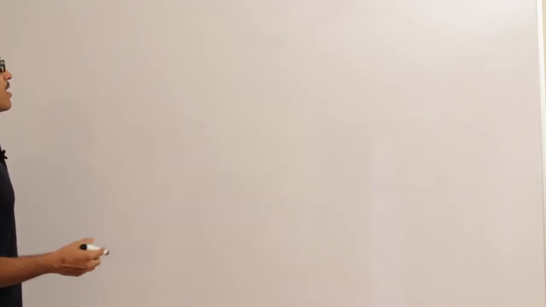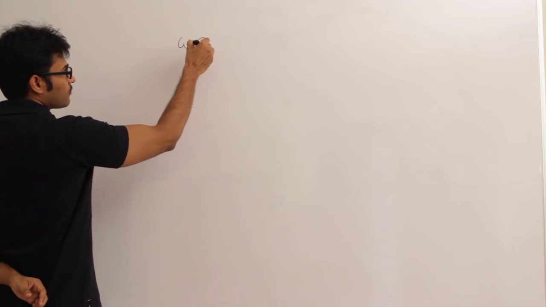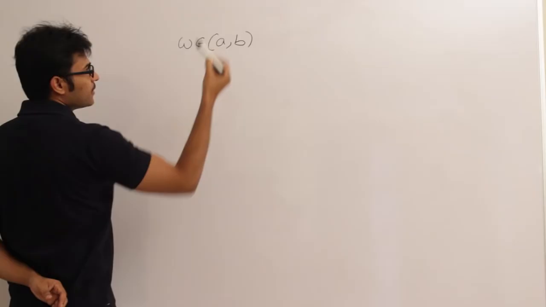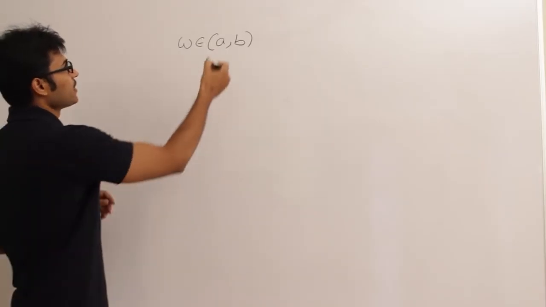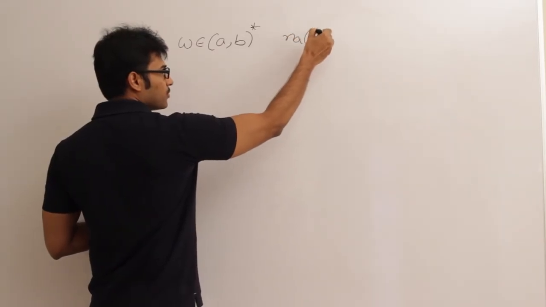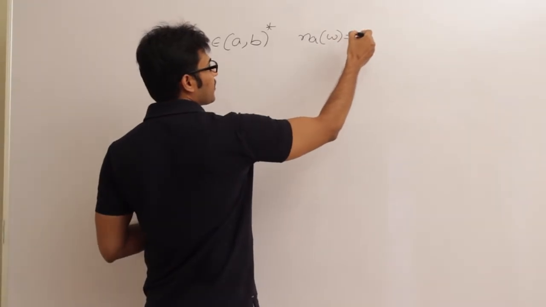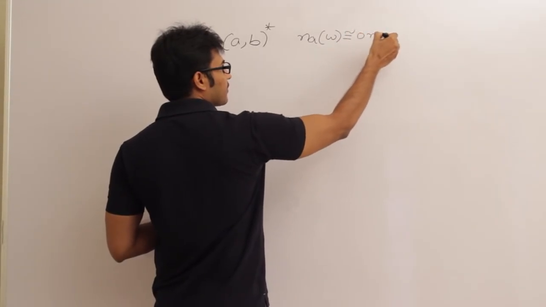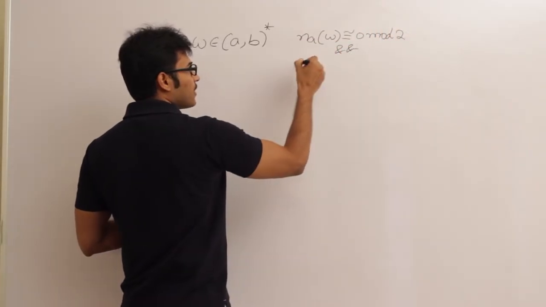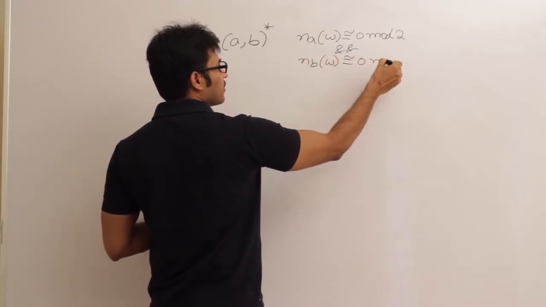Now again the problem is the same. Let us say I want to draw a DFA for the set of all strings over {a, b} in such a way that the number of A's in W is even, which means if I divide the number of A's by 2, the remainder should be 0, and the number of B's in W should be even.